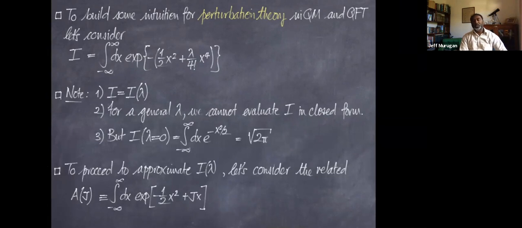And j there is the coefficient of that linear term. So this is a linear perturbation on the Gaussian.